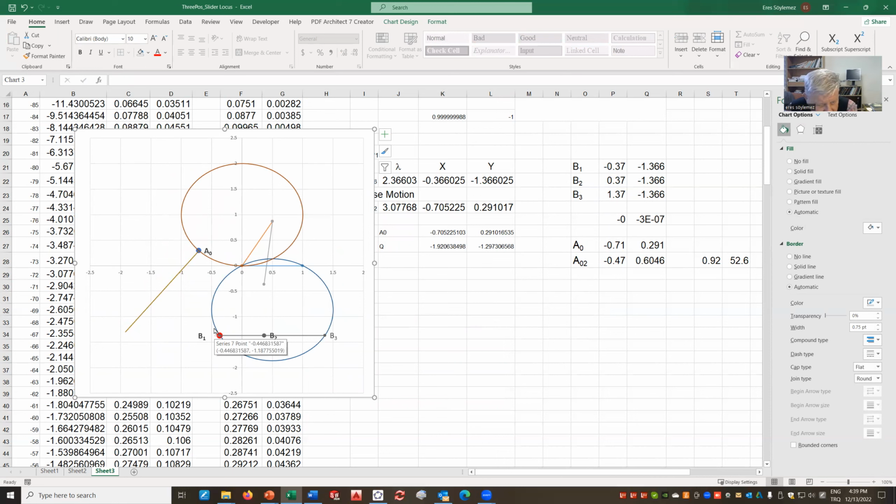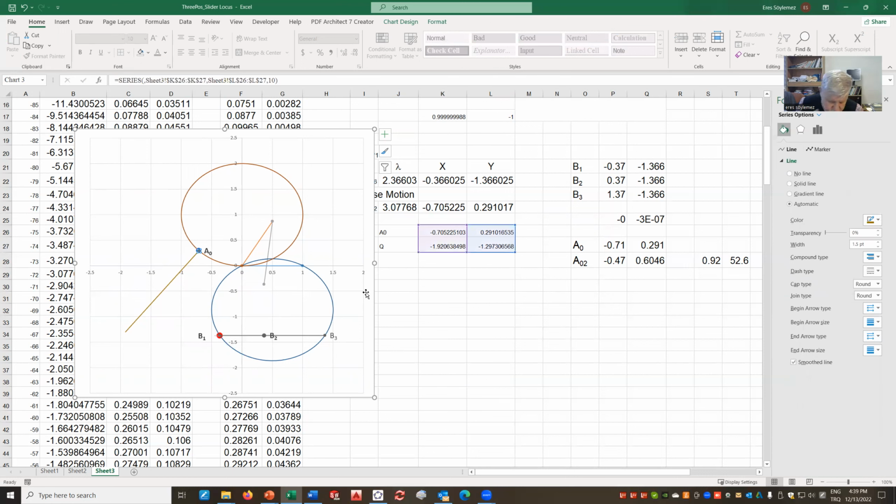That's not the point Q that I'm looking for. A point Q on that line, which is the intersection of the perpendicular from B3 to that line. Okay? Now, that is the point Q I'm looking for. Right now, this Q point is not what I want.